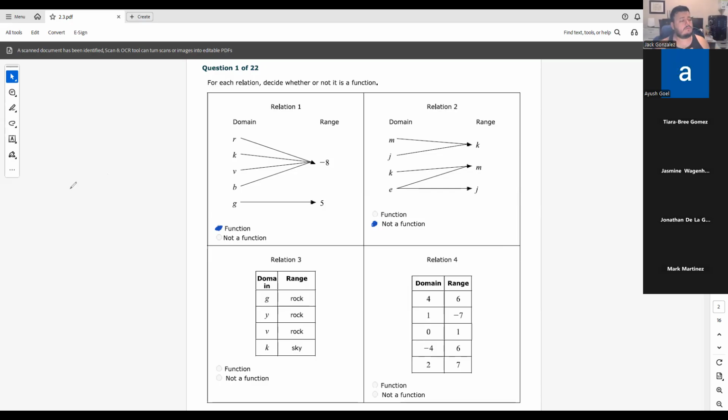Okay, what about relation three? Yeah, they're all unique, right? Nothing repeats itself, so it will be a function. Relation four, does anything repeat? Is there one x value that goes to two different places?